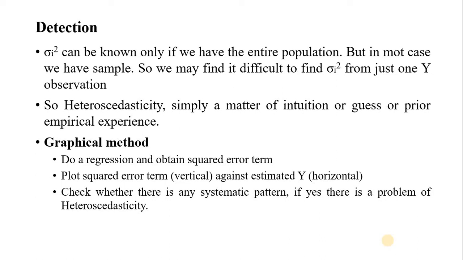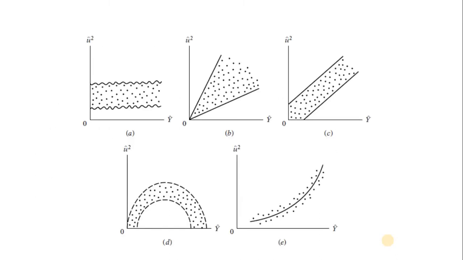So take the values of u cap square and y cap, plot u cap square against y cap, and check whether there is any systematic pattern or not. Here, these are all certain systematic patterns.